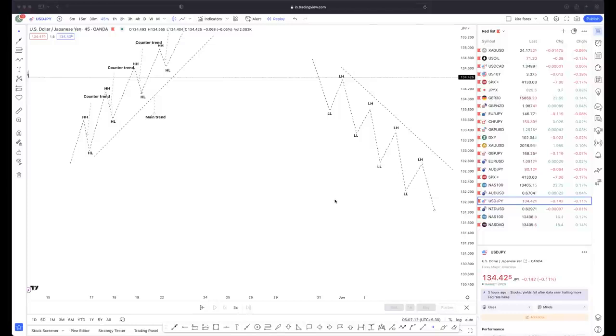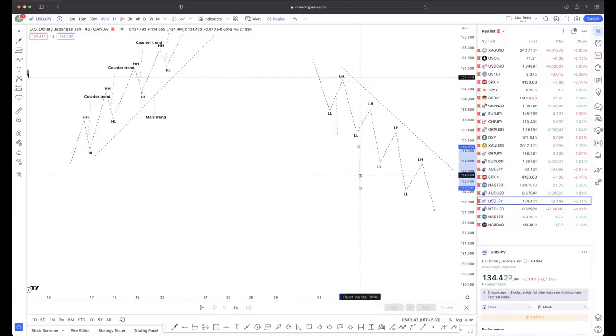Now let's look at a counter trend in a downtrend structure or a bearish structure. So we have our main trend, and then we have our counter trend here. We have our counter trend here, and then we have another counter trend here.